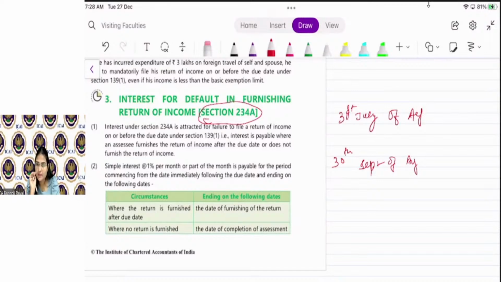So in that case, for August and September, I have to pay interest for 2 months. That is simple interest, 1% per month or part of the month.